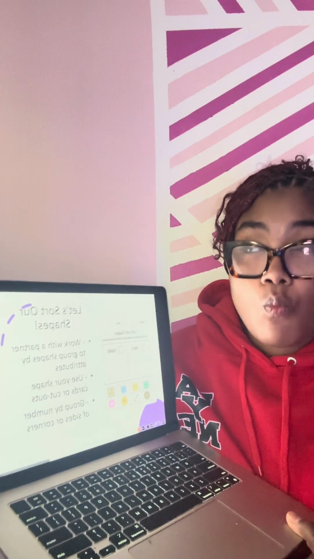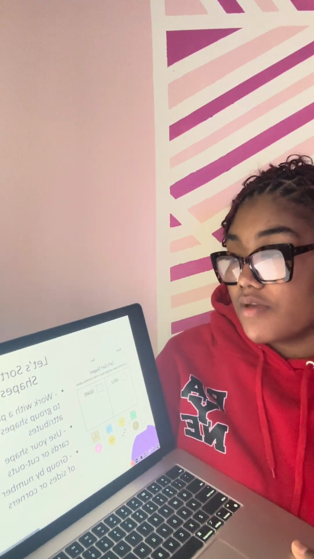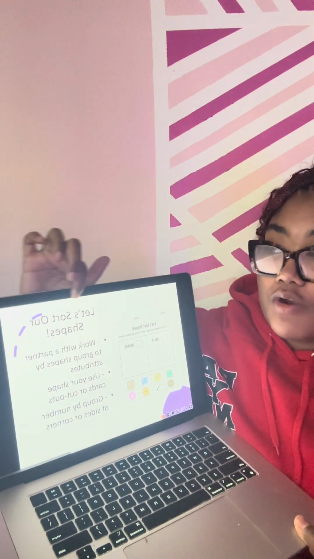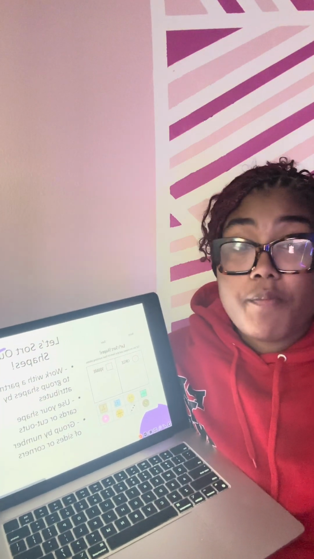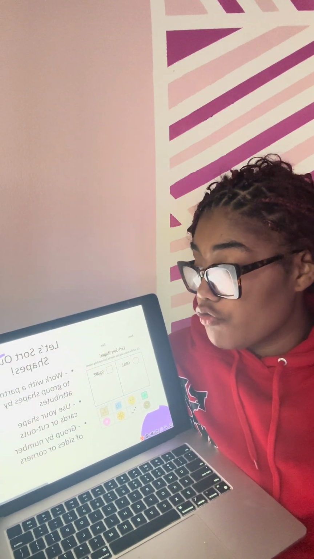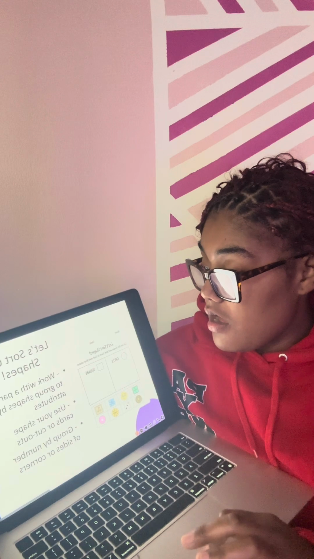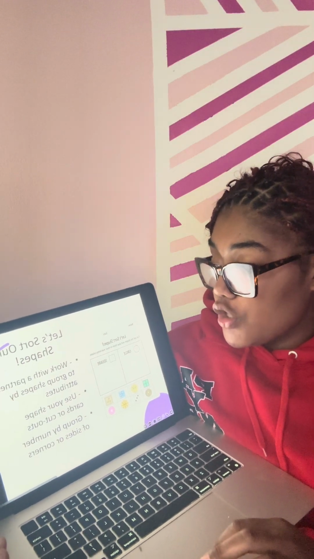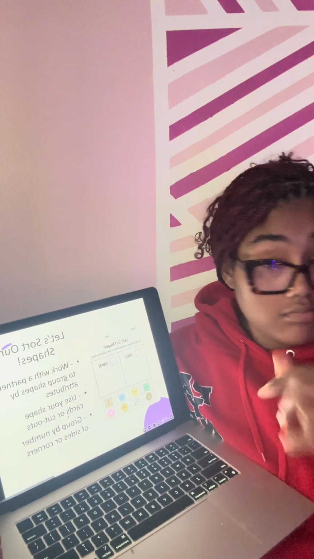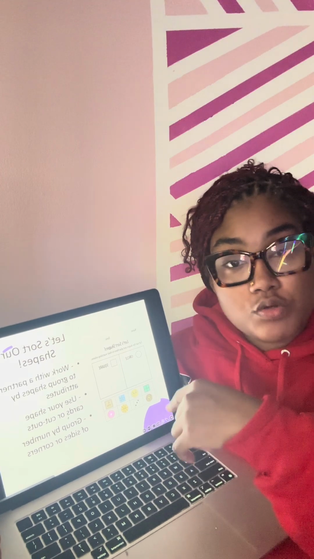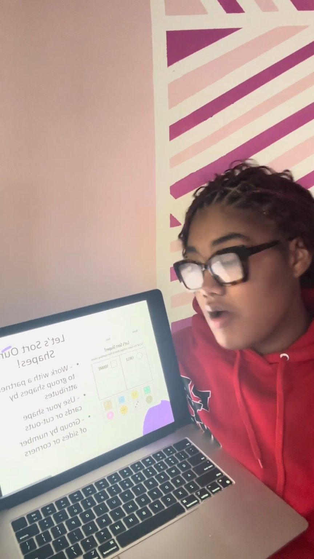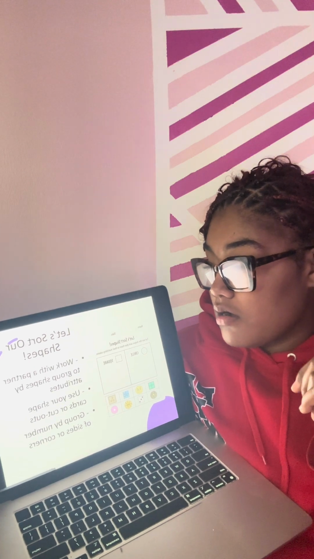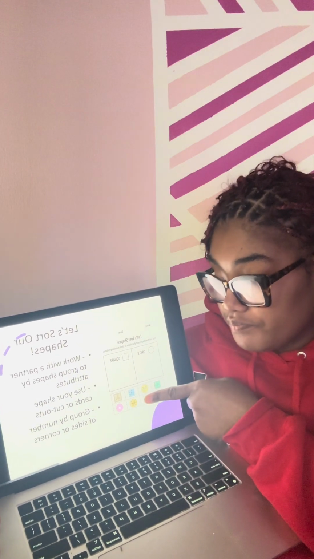And with that sheet, you will also get a let's sort our shapes worksheet. You're gonna work with a partner to group the shapes by the attributes. Use your shape cards. You will pick up a copy of that before going back to your desk as well, and or the cutouts at the bottom.